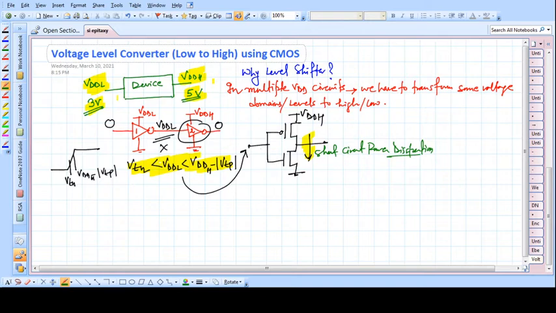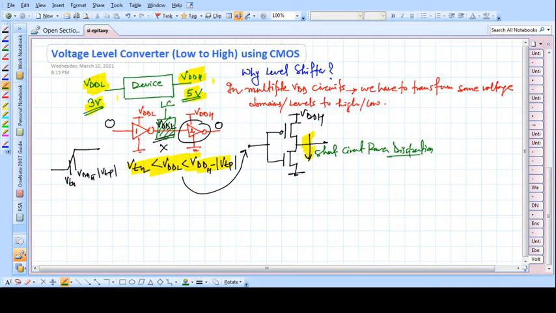Basically, to avoid this type of voltage difference, we need a level converter, say LC.